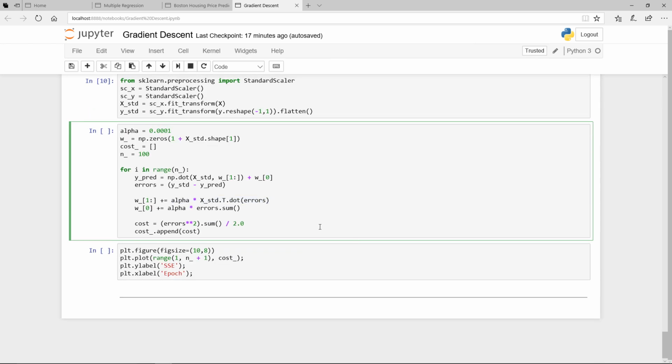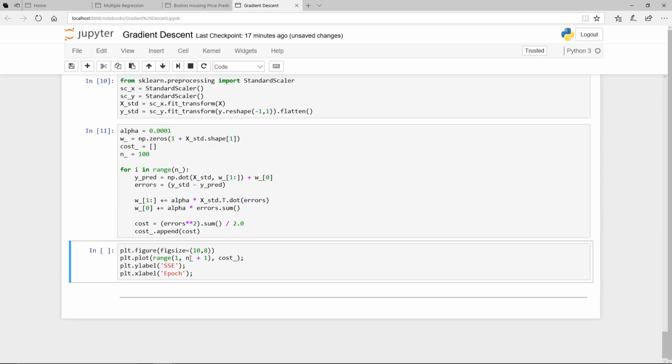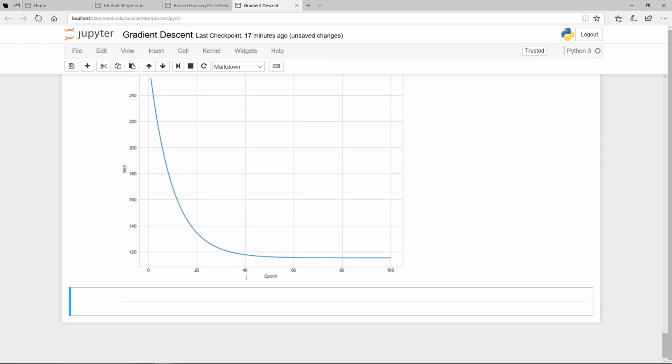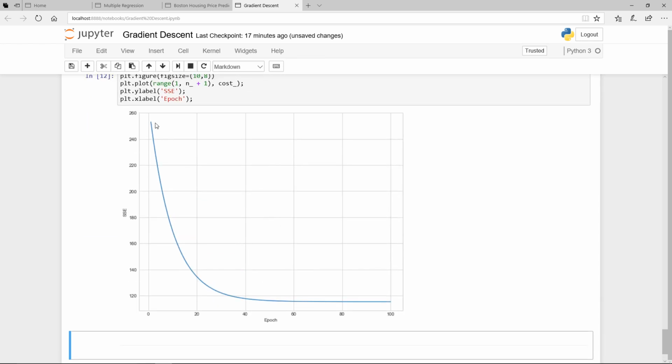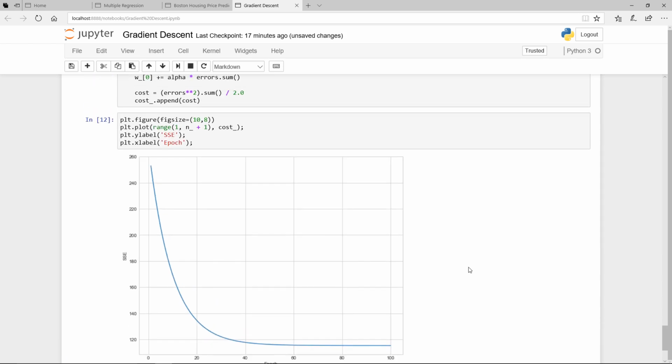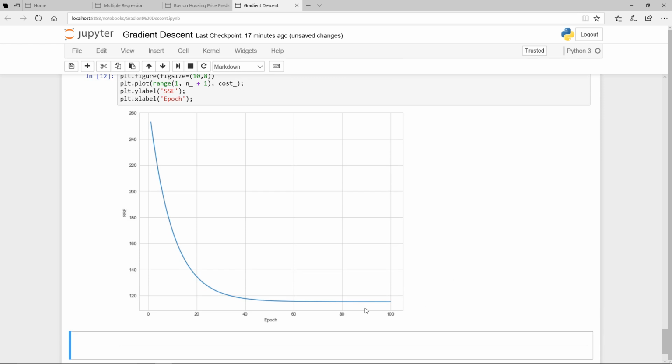Okay, so let's run this, and we append the cost and then plot that out, and this is what it looks like. In essence, our sum of squares of errors decreases as we run through more and more epochs. As we continuously run our training, the sum of squares reduces until we find pretty much the lowest point in terms of our errors.